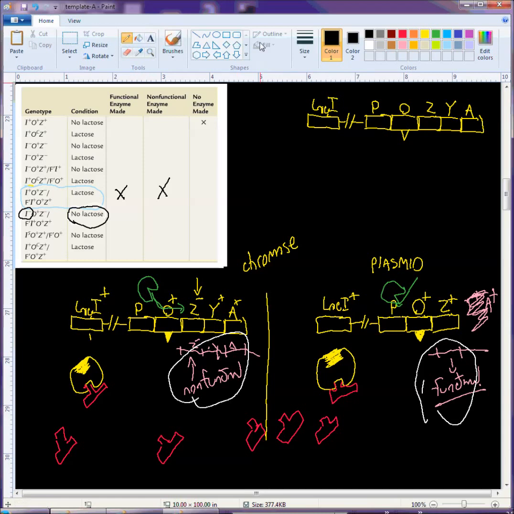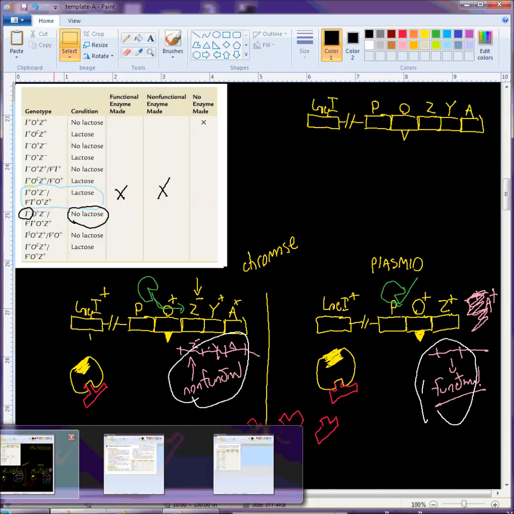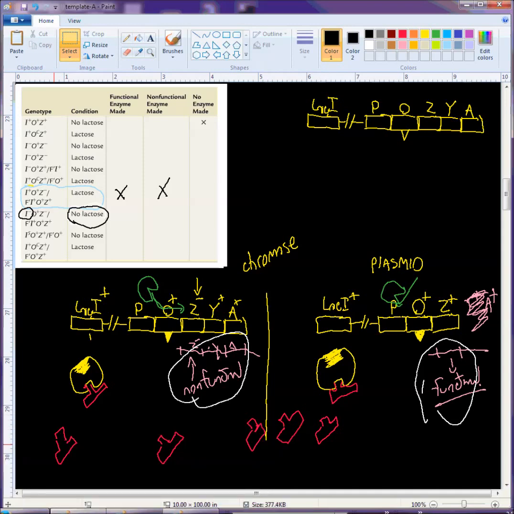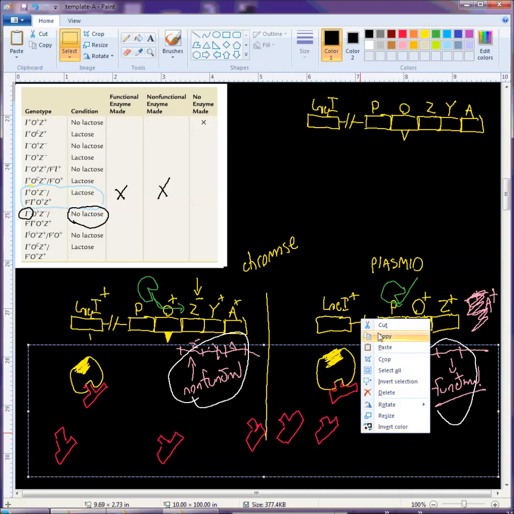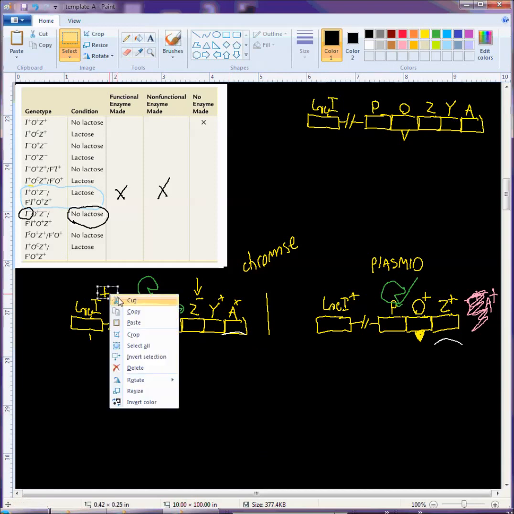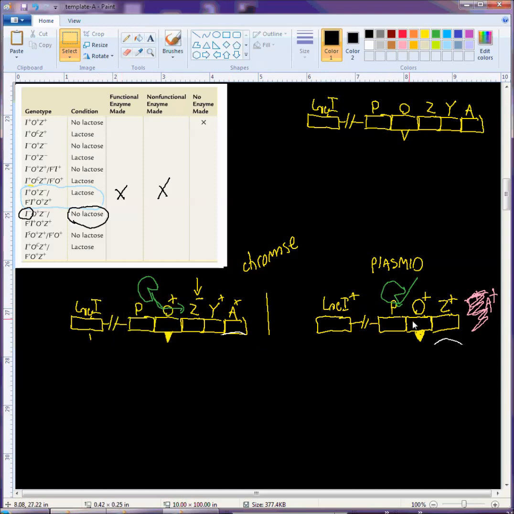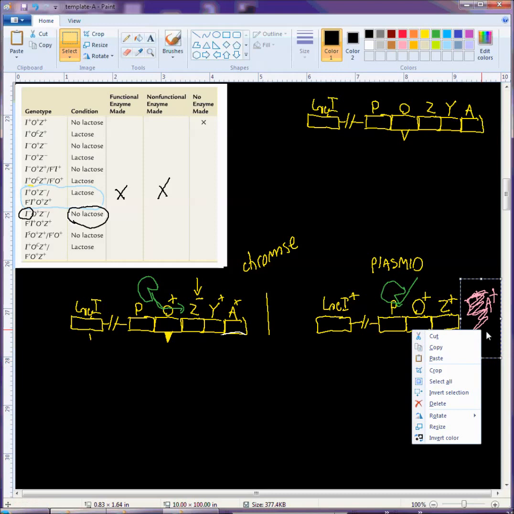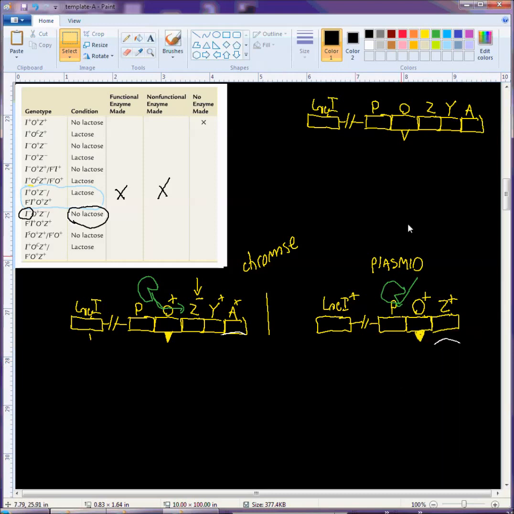So no lactose. So I wonder, maybe I should cut some things. I'll cut some things out. That will be easier. So let's cut all of that. Let's cut that. And let's cut that. And I think we're okay. Cut that. Okay, now let me fix some of the things here.